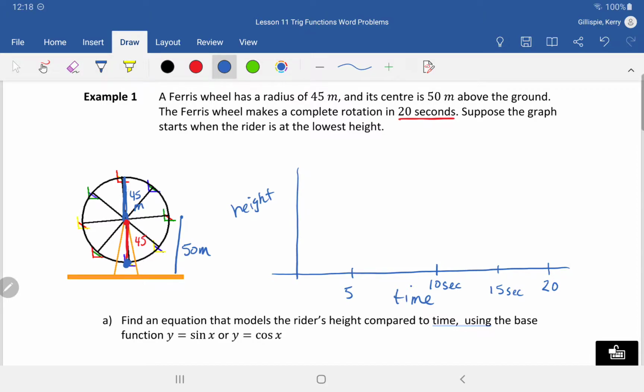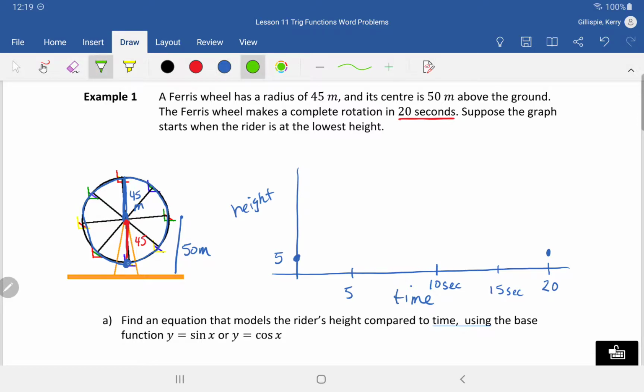So they're going to get on the ride at this bottom cart. Well, if the Ferris wheel has a radius of 45 and the center axle is 50 meters above the ground, then they're actually getting on at a height of 5. And since it takes 20 seconds to completely finish that rotation, that means they're back at a height of 5 at 20 seconds. Sorry, their height is 5.